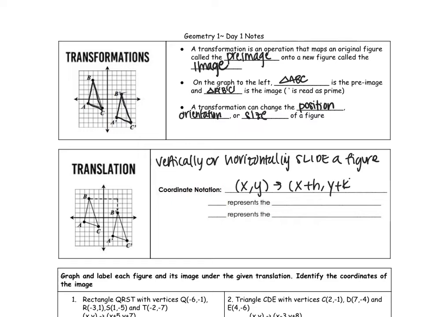So whatever we add to x slides it in the left or right direction, while the k is up and down. So h represents a horizontal shift, while k represents a vertical shift.